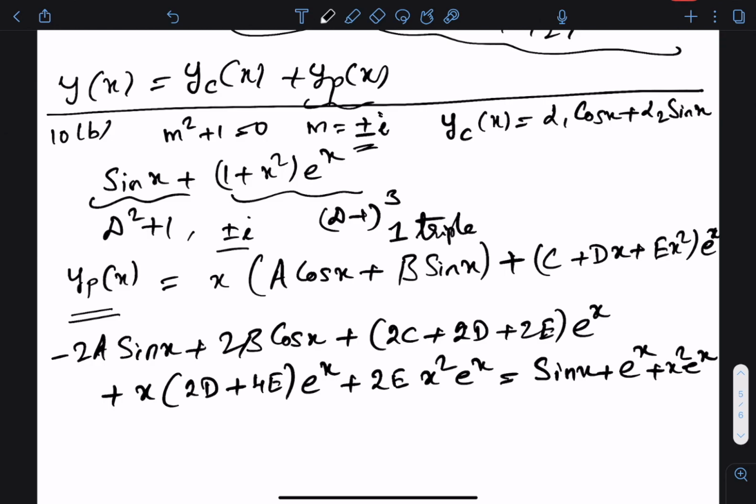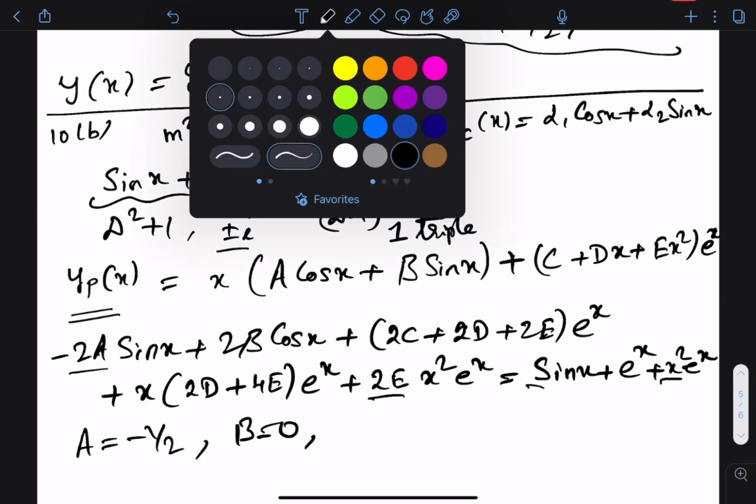So if you equate coefficients, you immediately see that a is minus half, matching this sin x. There is no cos term, so b should be 0. And then for e power x, 2c plus 2d plus 2e is equal to 1. But that we cannot use yet, so let's use this. So 2e is 1, which means e is half.